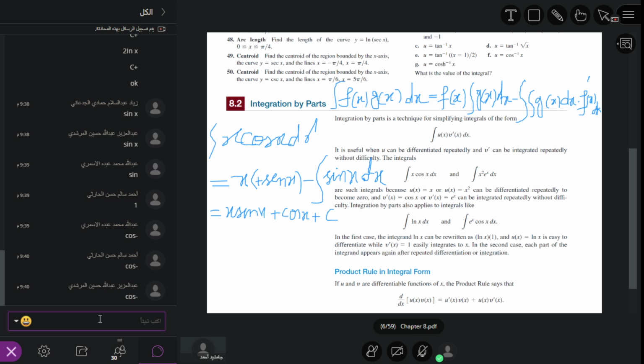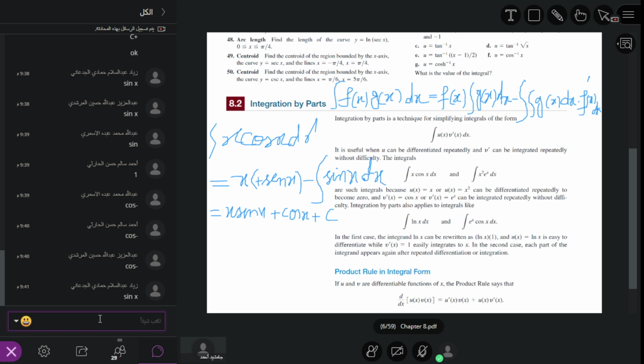What is the integration by parts formula? First function same. After that, integration of the second function. What is integration of cosine x? It is sine x, minus integration of the integrated function.